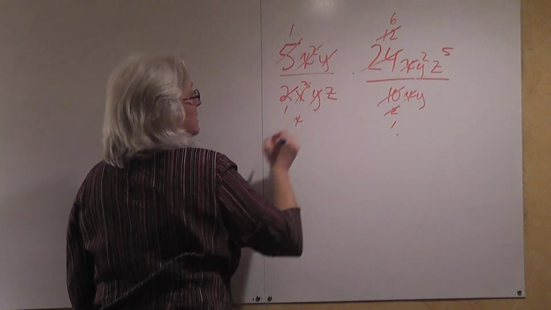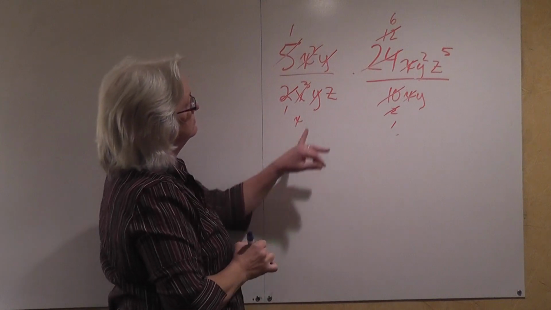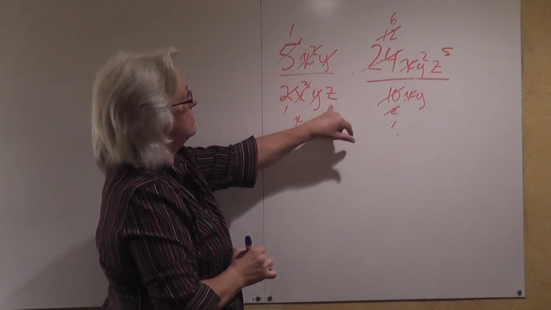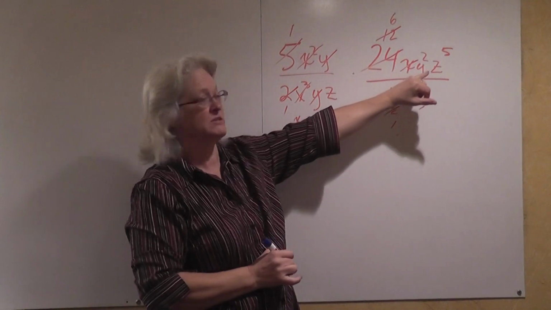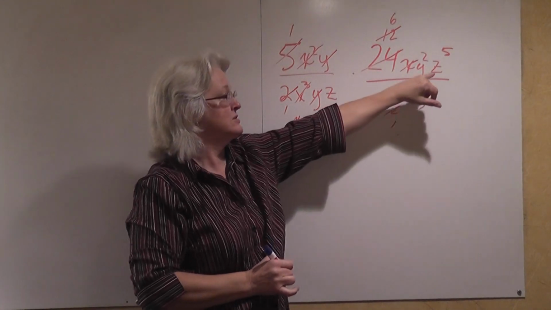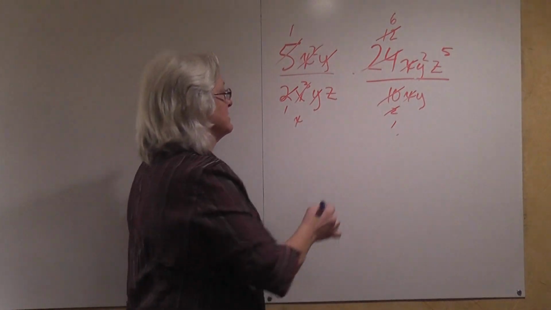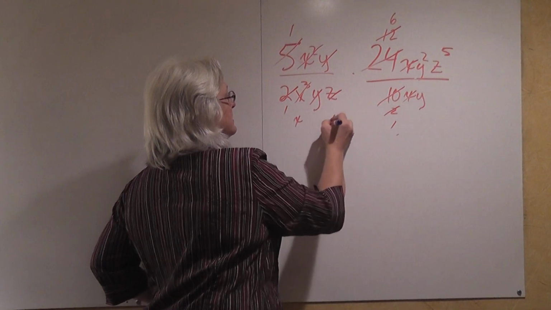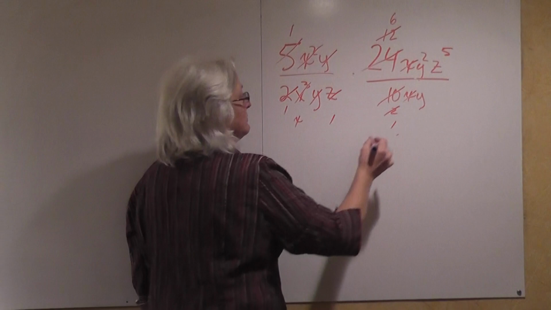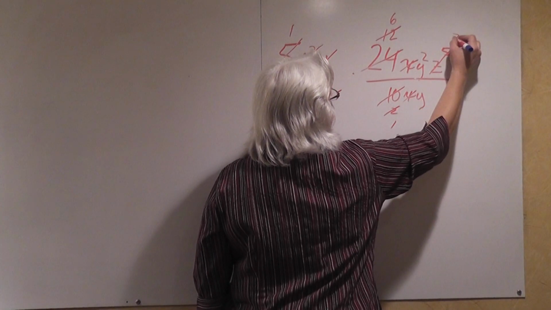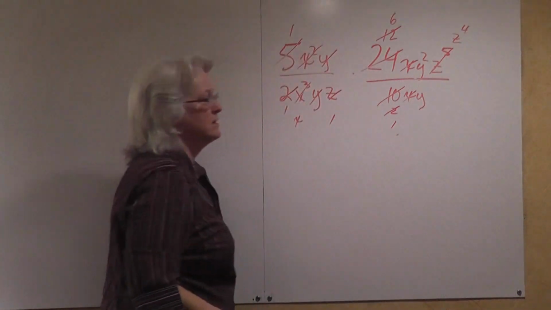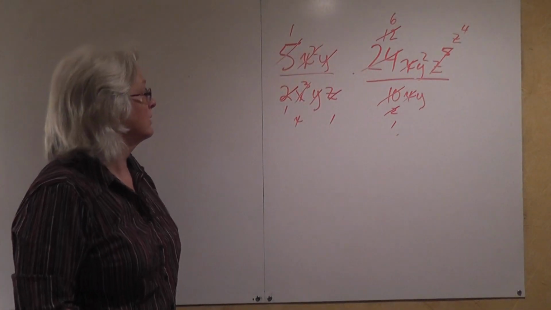Y divided by y. Okay, I have a z in the denominator. I have a z to the 5th here. Z to the 5th divided by z. We have one factor of z that cancels, leaving us, see how messy this is getting? Z to the 4th.